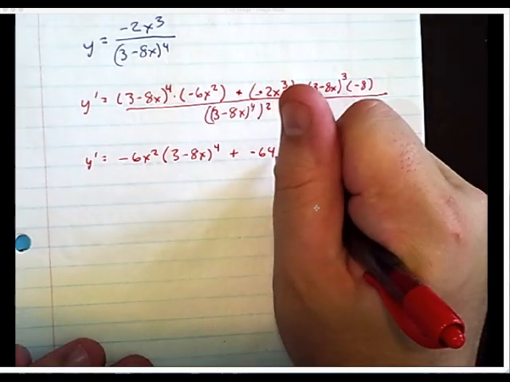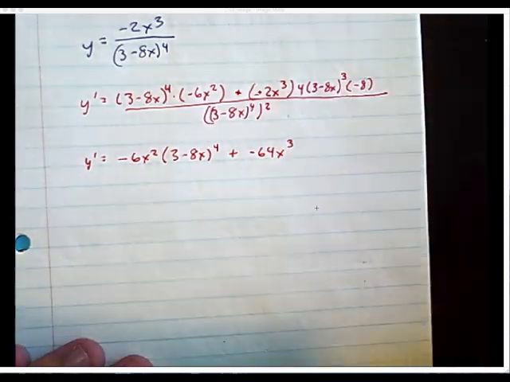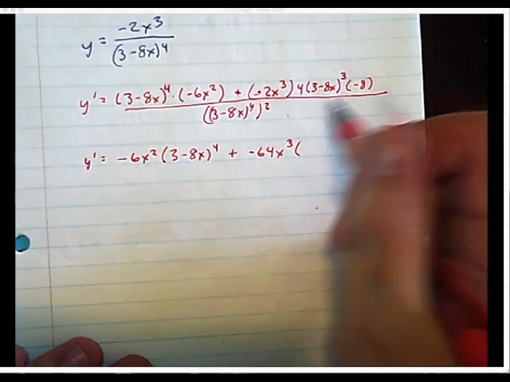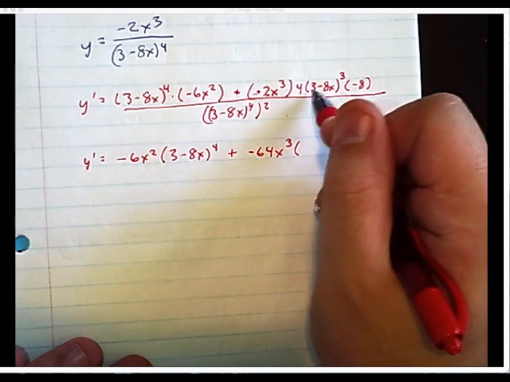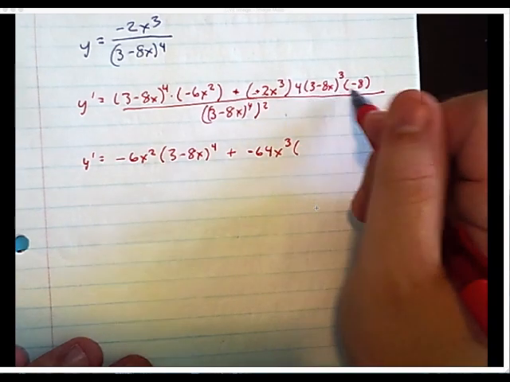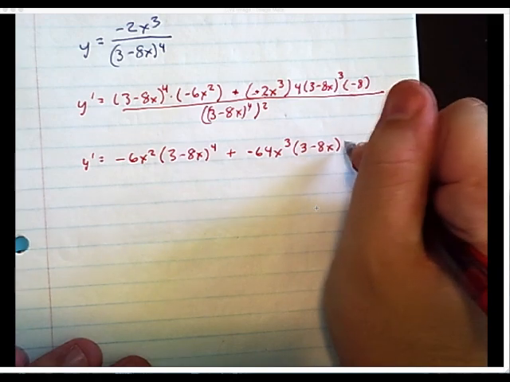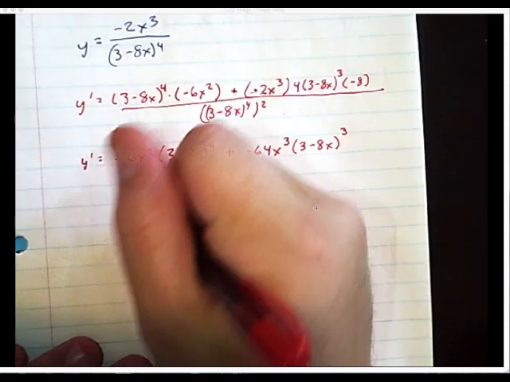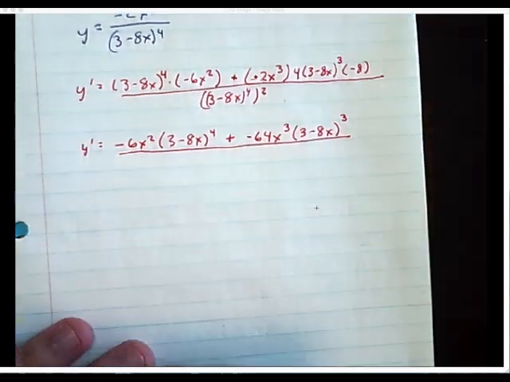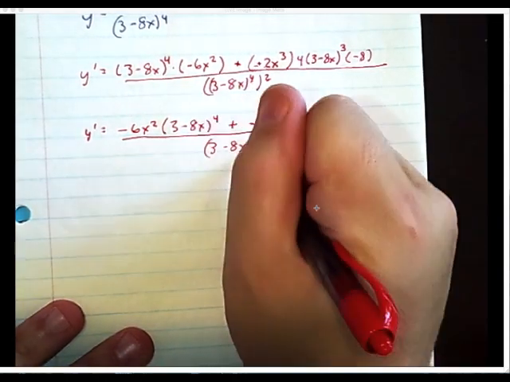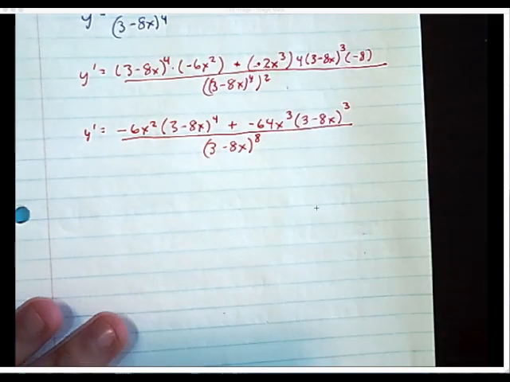Okay, negative 64x cubed. So I took care of the 2, the x cubed, the 4, and that negative 8. And then we still have 3 minus 8x cubed on the bottom. Power to a power, you multiply them. 3 minus 8x, that would get to the 8th power.